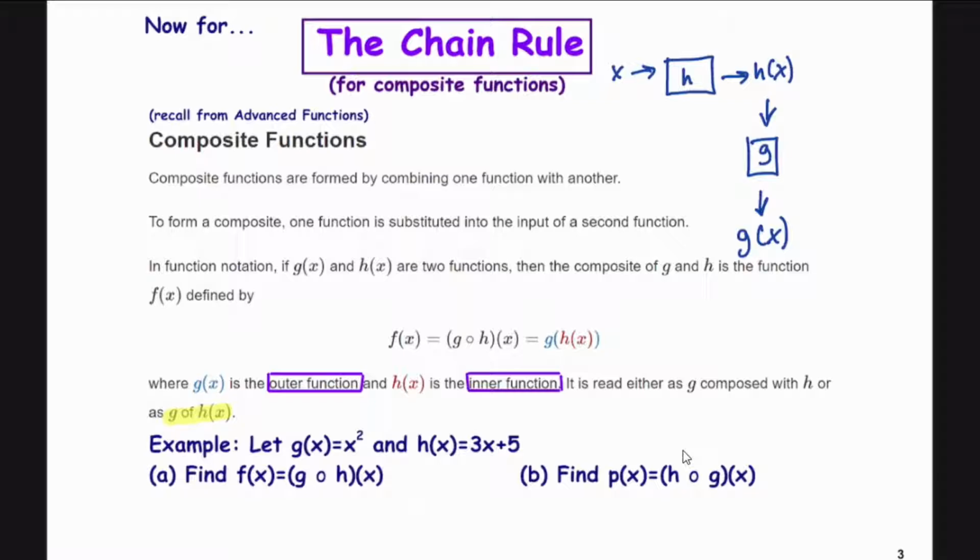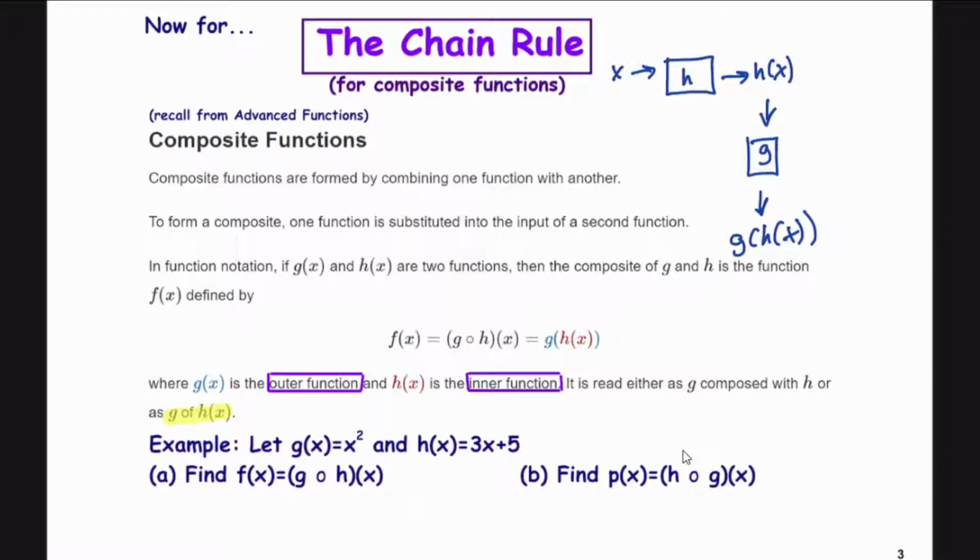So I'm putting an x value in, applying some function h, and then the output of that function becomes the input for my second function g.